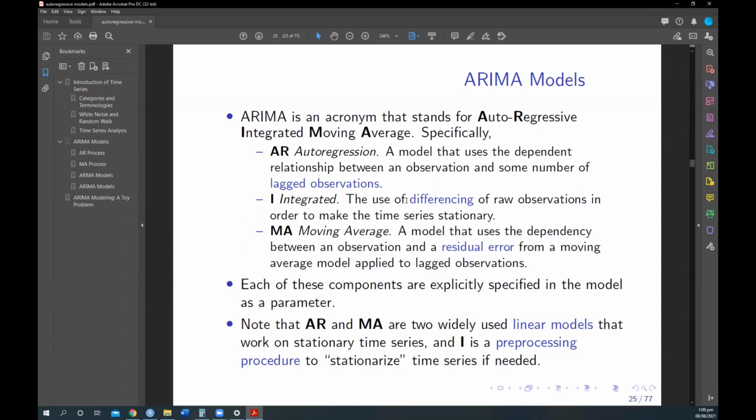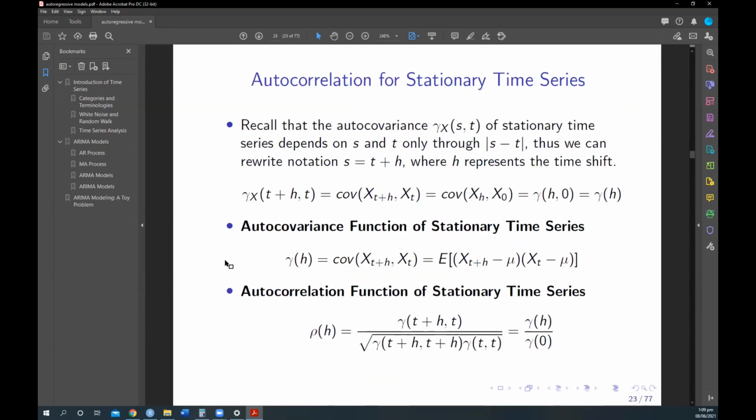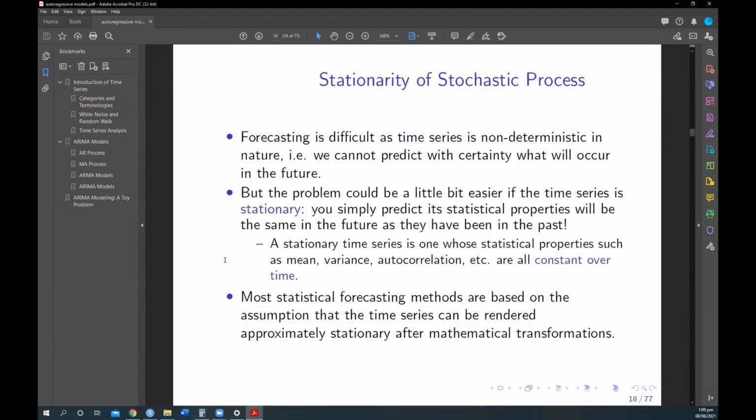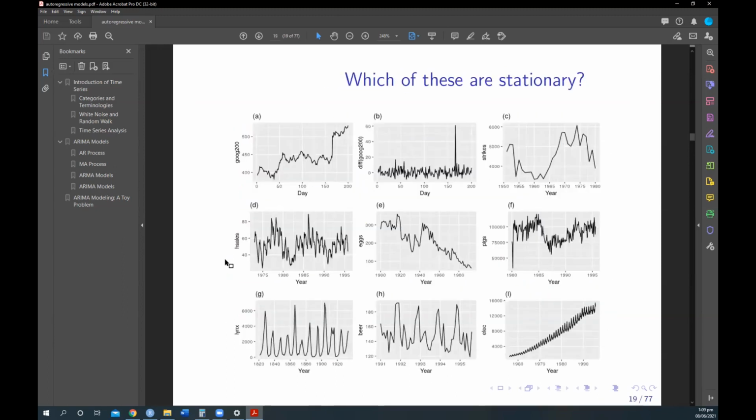As I have illustrated before, this is the Google stock prices. Ito yung stock prices sa Google. As you can see, this is not stationary, in the sense that meron tayong changing levels and trend.